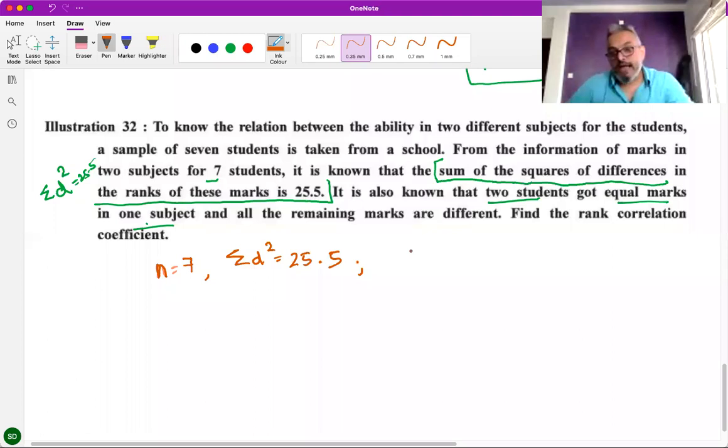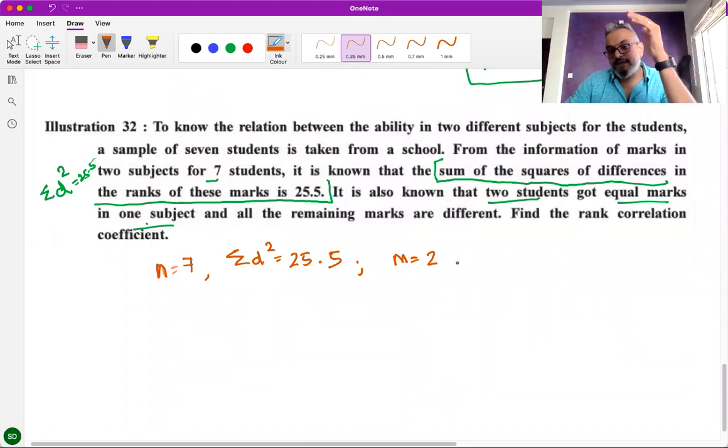It is known that two students got equal marks, so m is equal to 2. Now, remember what is m? M means the number of times an observation is repeated. Two students got equal marks, so twice a number was repeated. That is, m is equal to 2.